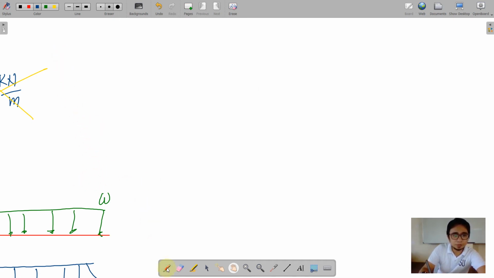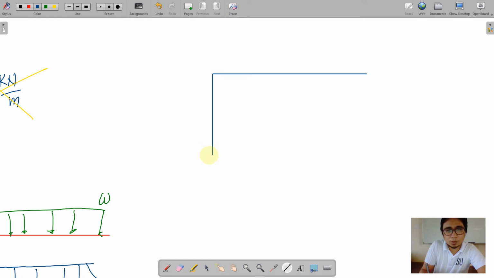So if we have here a two-way slab, so this is the two-way slab.